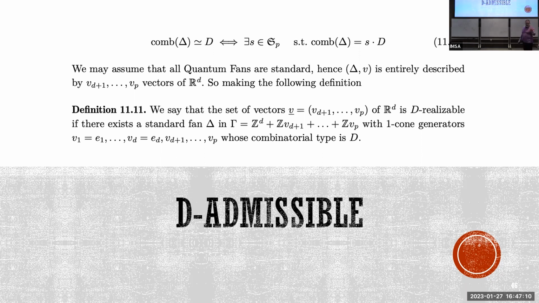In higher dimensions it starts to matter. So we call the combinatorics of H and D admissible if there can be a realization of the combinatorics.